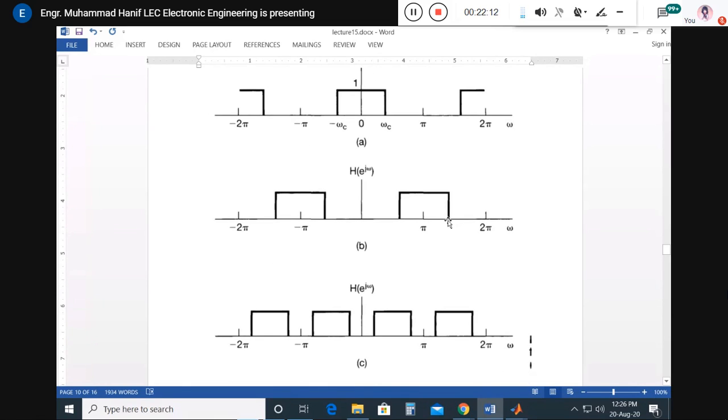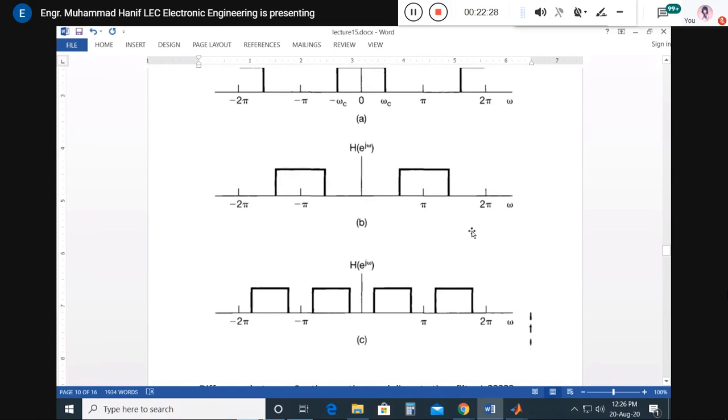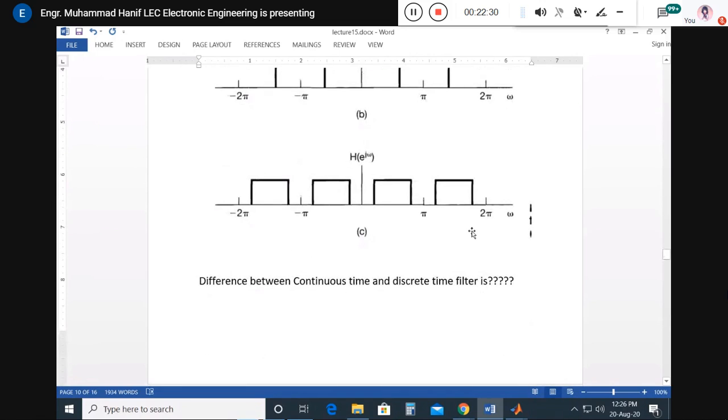So between omega c1 and omega c2, this will be a pass band, and otherwise it will be a stop band. So again, if you see the periodic pattern of this function, if you plot it, at 3 pi it should repeat, then at 5 pi, and then 7 pi. The third type is a band pass filter.